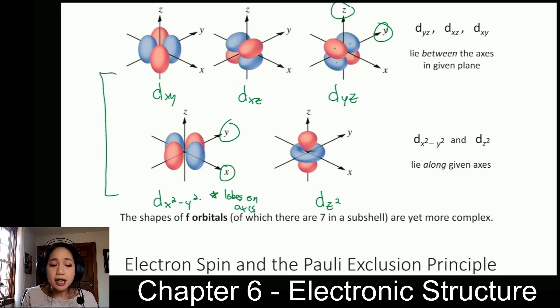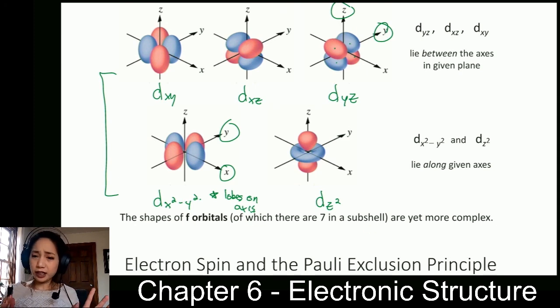On a test, I could give you a shape like this and ask what orbital designation it is. You would have to know it's a d orbital because there's 4 lobes, and the lobes lie between the x and z axes. So this would be our dxz orbital. All right, and we will only look at s, p, and d; f orbital shapes we won't cover.